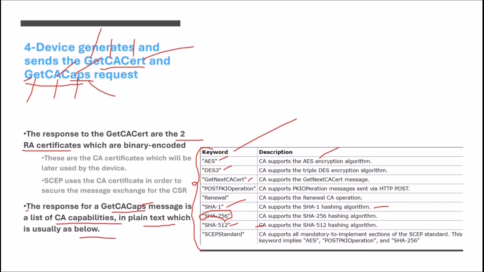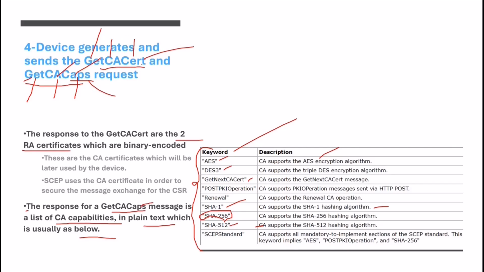When you had an on-premise NDES server, you would have seen that when you install the NDES role, two certificates are issued by the CA to the NDES. Those are RA certificates, or registration authority certificates. They end with -RA. The device is going to ask the Cloud PKI to provide these certificates because the device is going to use them in the next step, which we are going to see later.